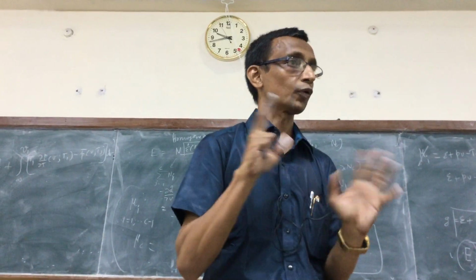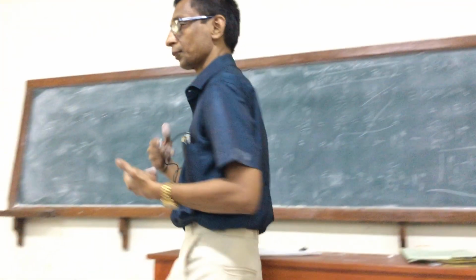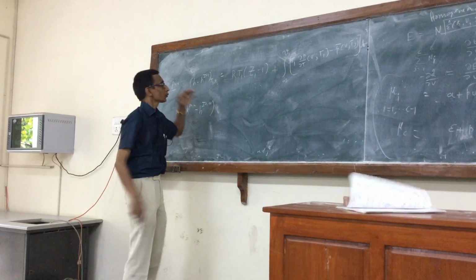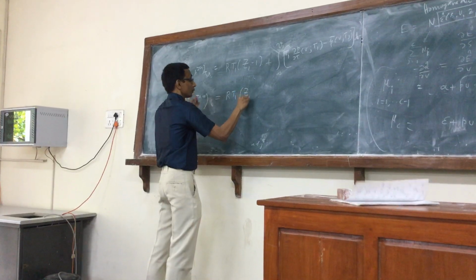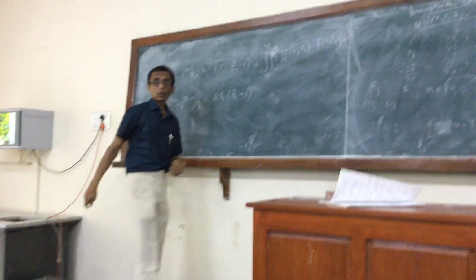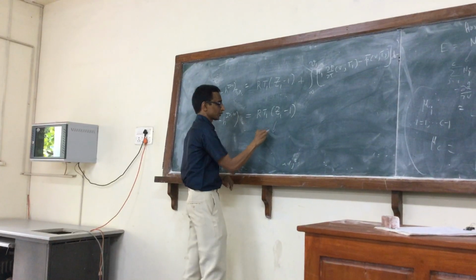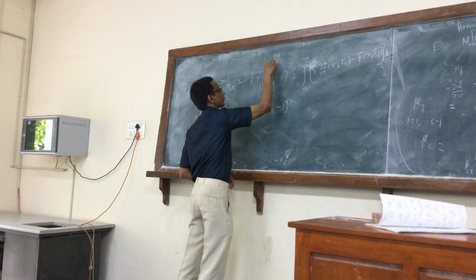So I am just pointing out the trick to write the departure function expression for mixtures from the pure component molar part. This remains as it is. Only now the Z, obviously the compressibility factor, is here PV1 by RT1.